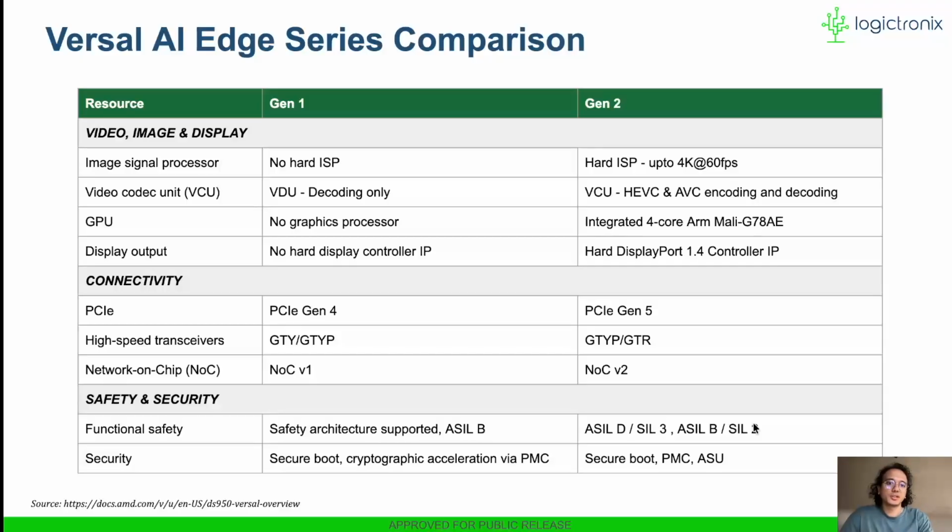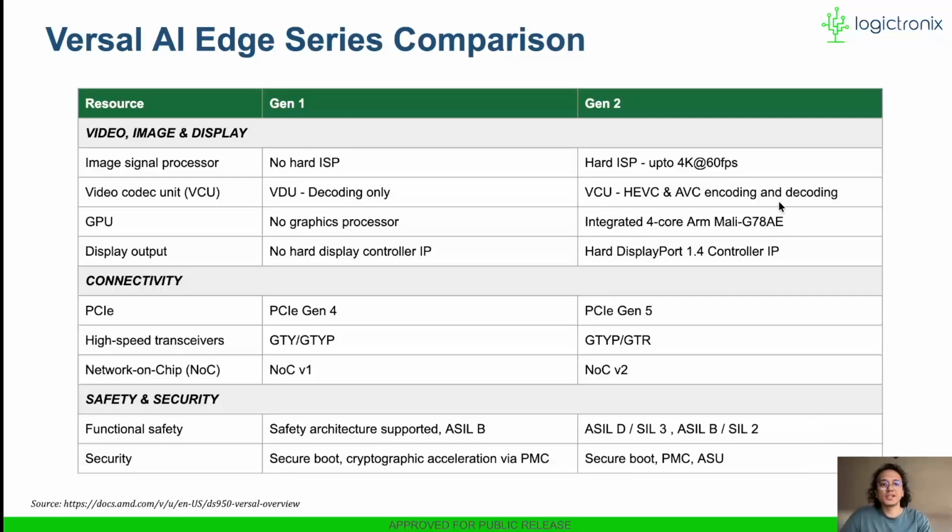But in Gen 2 there is a hard ISP present, which supports up to 4K 60 FPS input. The video codec unit in Gen 1 could only do the decoding. There was no encoding support. Now Gen 2 has the full VCU version 2, which supports both encoding and decoding.